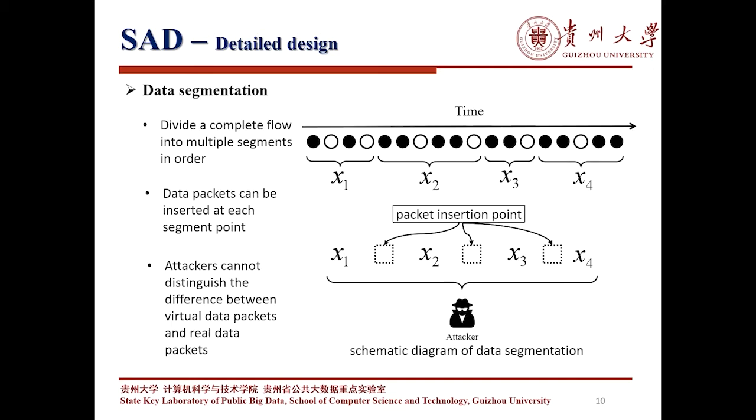For data segmentation, we divide our original traffic into multiple packet segments. Between each segment, we define a packet insertion point. If the attacker wants to obtain the original traffic, it must also include the packets we inserted, which the attacker cannot detect.